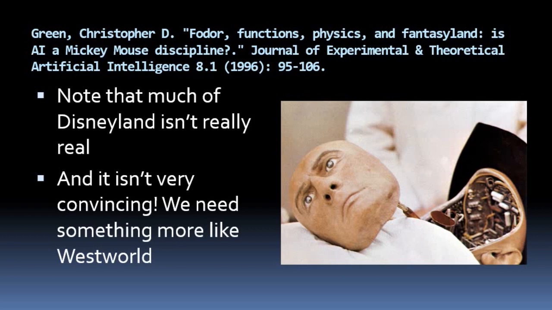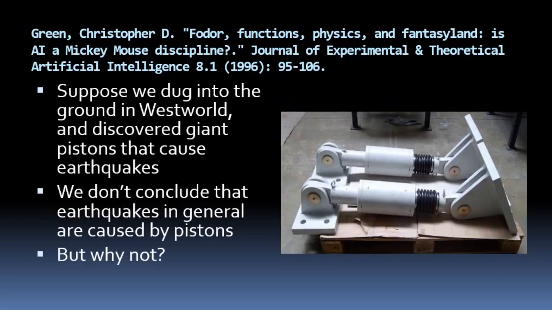So why is it that we don't consider Westworld a deep scientific achievement? Green has us suppose the following. Imagine you dug into the ground in Westworld and found that there were huge pistons that caused earthquakes. His question is, why don't you then conclude that earthquakes are caused in general by huge pistons?